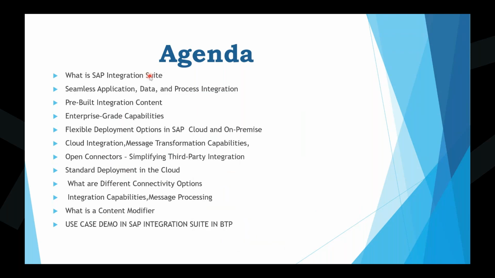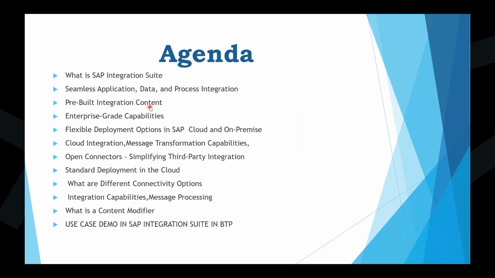Seamless integrations: how it connects different apps and automates workflows, with seamless application, data and process integrations. Pre-built content: instead of developing, there are ready-made templates which SAP Integration Suite gives us, so it is not required to develop from scratch.